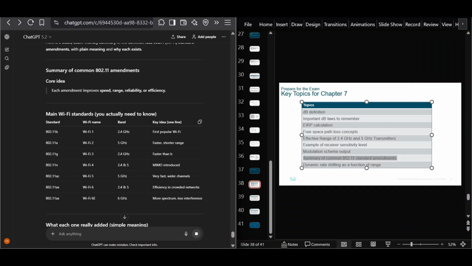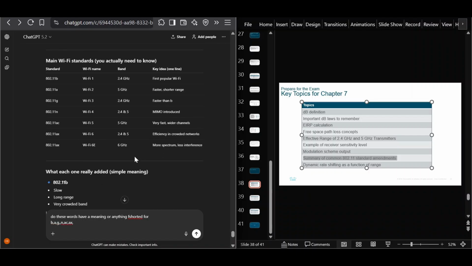Do these words have a meaning, or are they shortened forms for B, A, G, and A, C, A, X? Efficiency in smart 2.4 Wi-Fi.